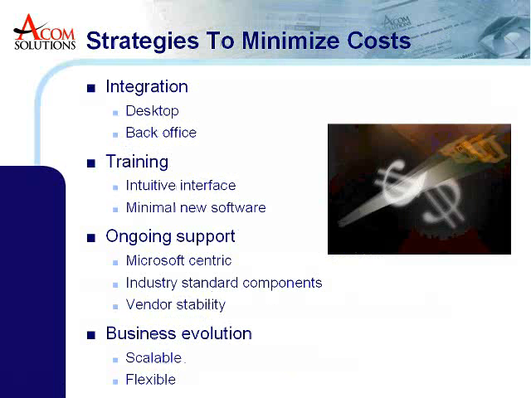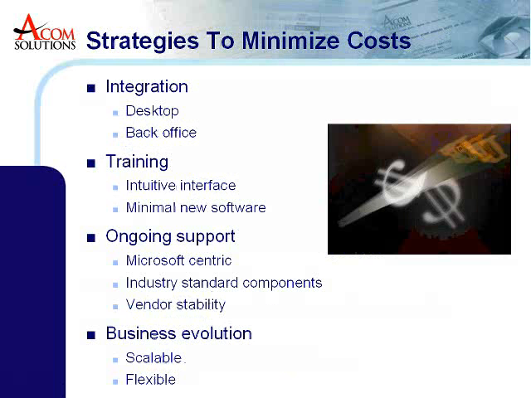Training, you want to look for an intuitive interface as opposed to something that has a lot of features, unless you are planning to deploy a system to a small, high-powered group where you're going to spend a lot of training and you're hoping to get very, very large productivity gains out of that application.